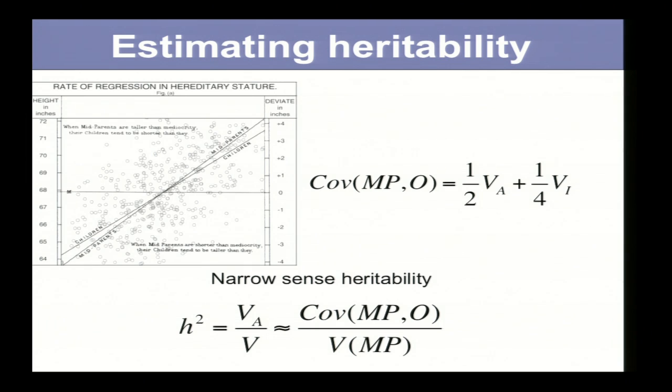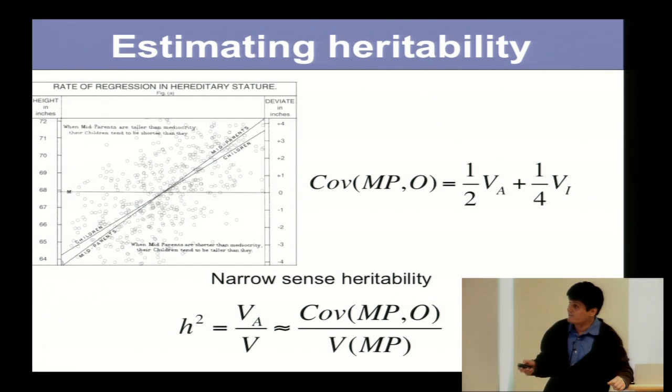So it's only the additive contribution of loci. And I would say, okay, I have this additive contribution of loci as a fraction of total variance. I can take this covariance, assume that interactions are unimportant, which is a big caveat, by the way, and I assume that additive variance can be approximated by the covariance between mid-parent phenotype and offspring phenotype, normalized by total variance.